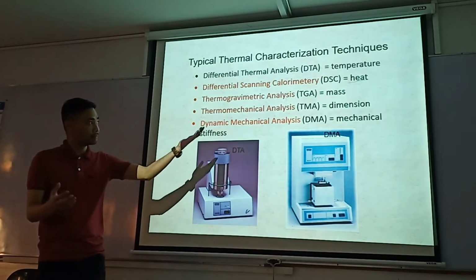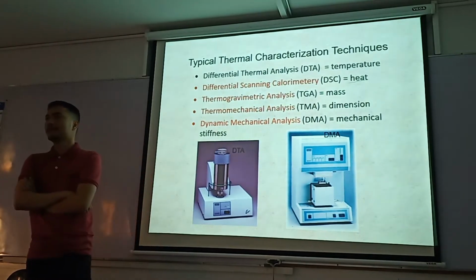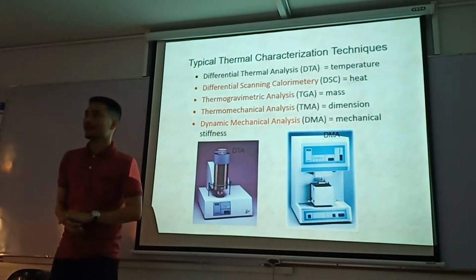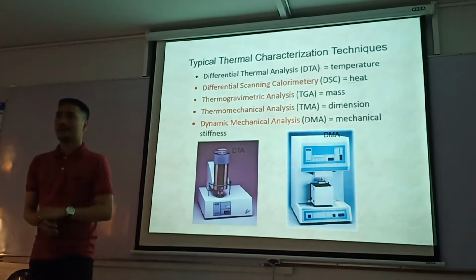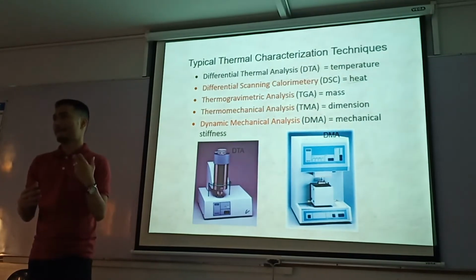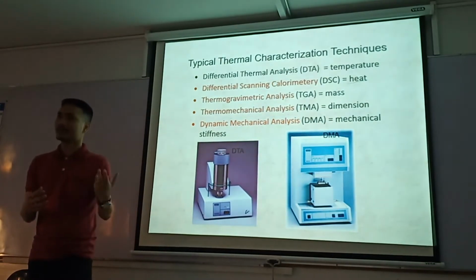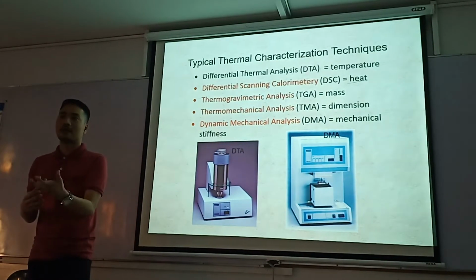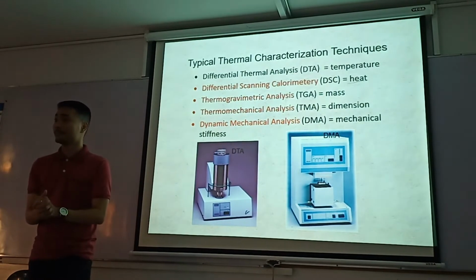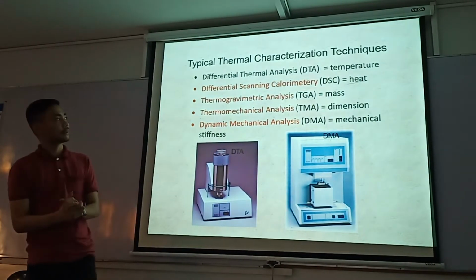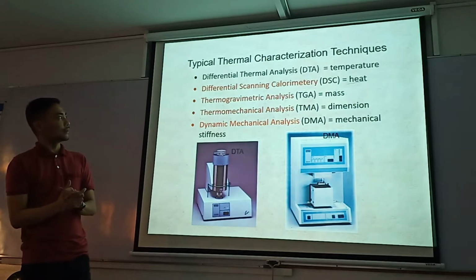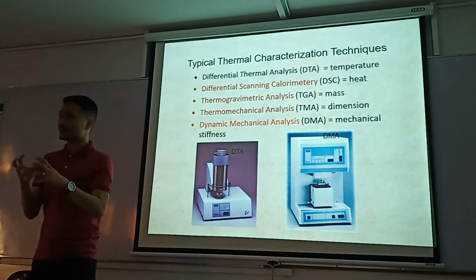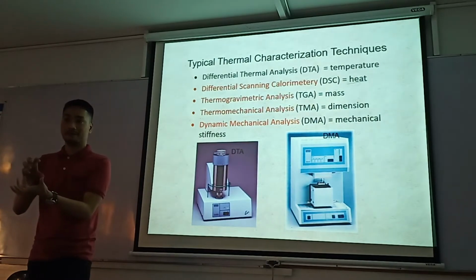So other than heat, of course, we can have changes in the mass. Mass is a different entity than heat, because heat is a form of energy, mass is not. It is actually a thermophysical property. Okay? So in the thermogravimetric analysis, or TGA, mass is the one being observed.